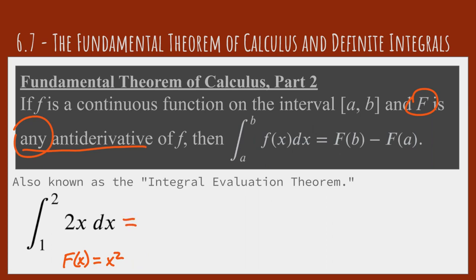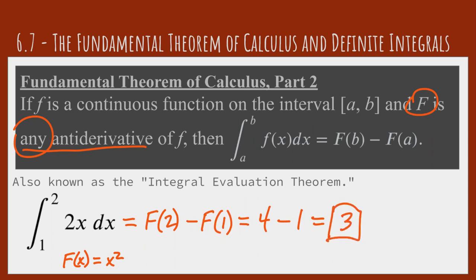So this definite integral is going to be that antiderivative evaluated at 2 minus that antiderivative evaluated at 1. We plug 2 into the antiderivative: that's 2 squared, which is 4. Then we plug 1 into the antiderivative: that's 1 squared, which is 1. And so this definite integral has a value of 3. This is a definite integral that we could actually evaluate using geometry.